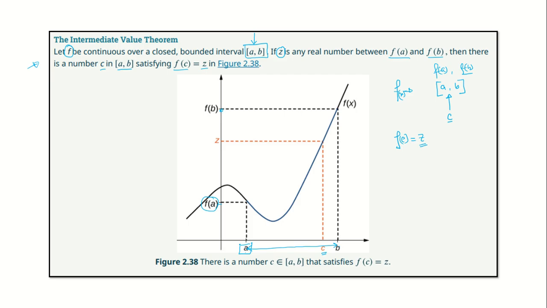So in between f of a and f of b there will be a value z, for which we have f of c. And that is the theorem basically.